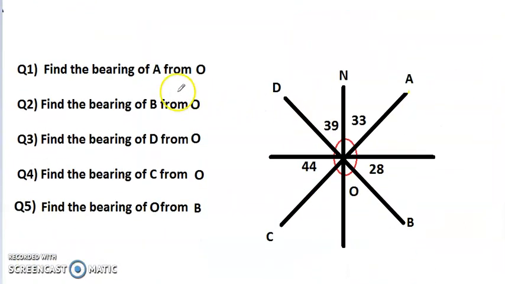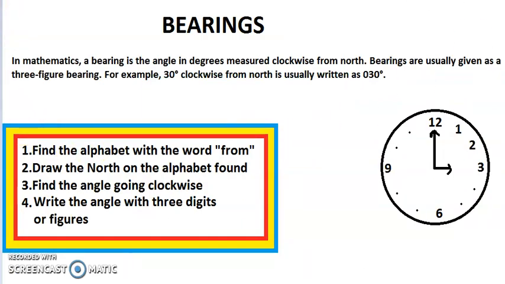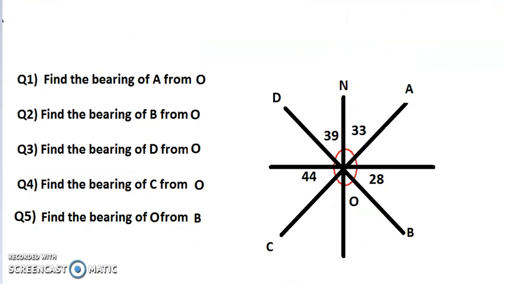So now the bearing of A from O. Now this is a practical question and this is where I come back to this place. Okay, now the first thing is find the alphabet with the word from, right? So in this case, the word from comes with O. Okay, because from is present with the letter O, right? And O is this line.